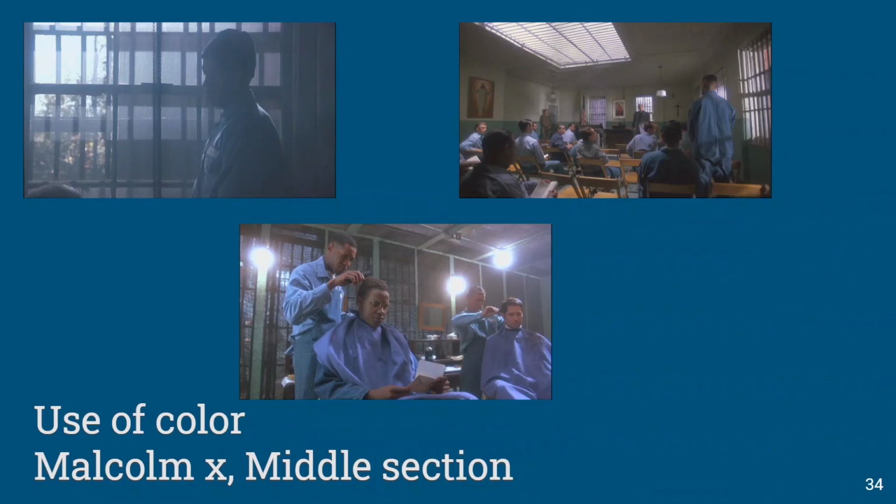Then when his character goes to jail, we see a lot more blue and a lot more gray, very desaturated colors, very kind of mundane, cold. That blue is really in that cold spectrum of colors, so you feel this sort of lifelessness.